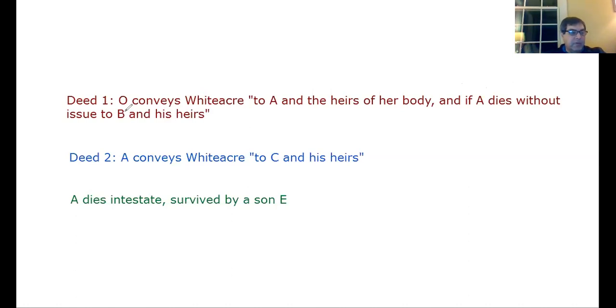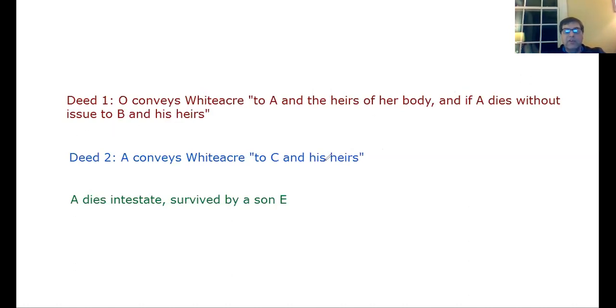And so at this point, we have deed 2, where A conveys Whiteacre to C and his heirs, but A conveys the estate to C, but cannot eliminate B's future interest.